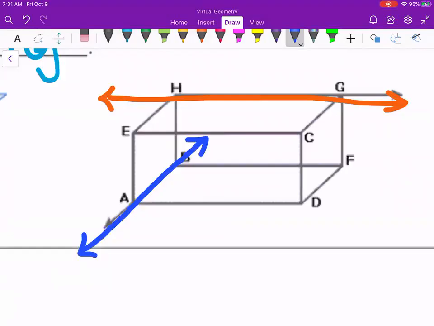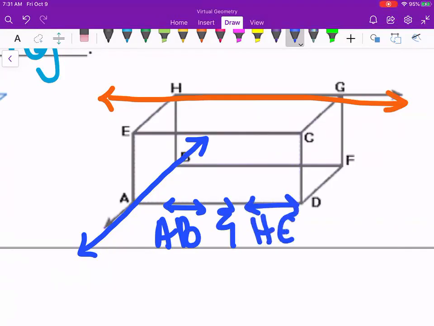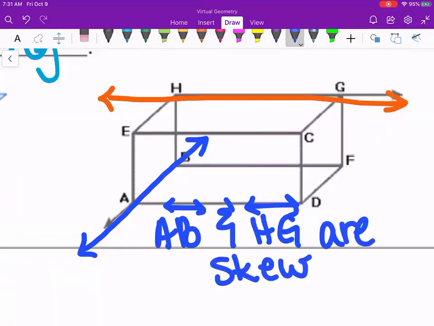They're not intersecting and they're not parallel, not on the same surface of this box. So these two lines would in fact never touch, because again, line HG is on the top, line AB is on the bottom, and they're going completely different directions. So line AB and line HG are skew as well. So these are just types of different equations that could fall into the neither category, okay?